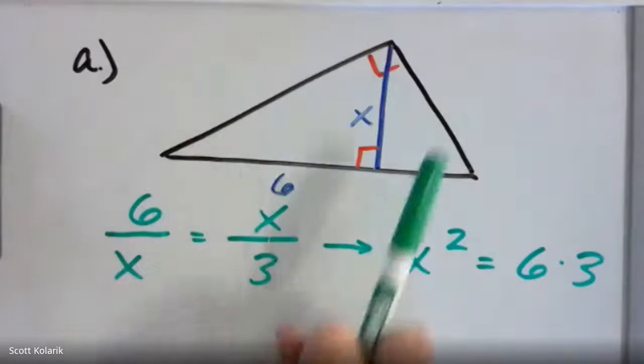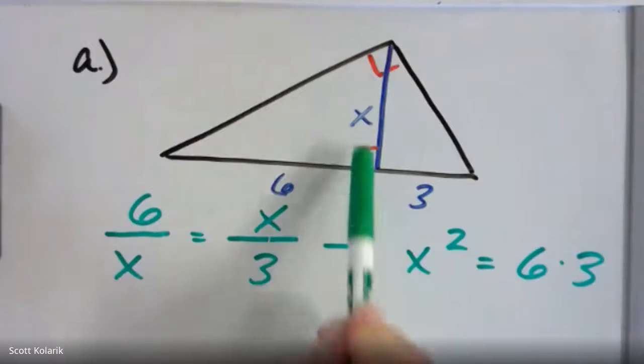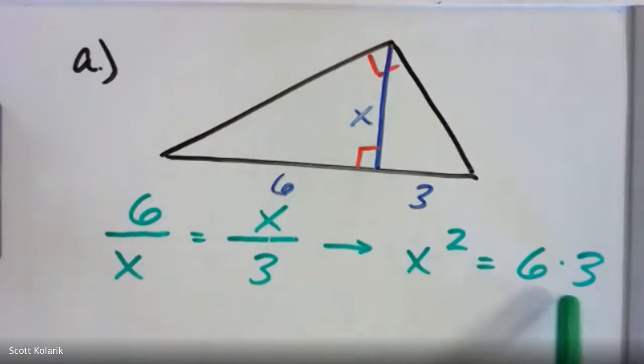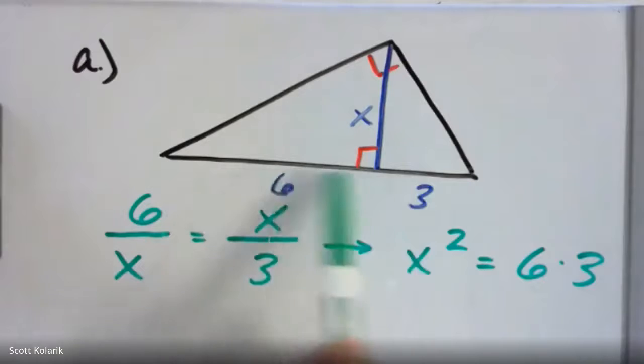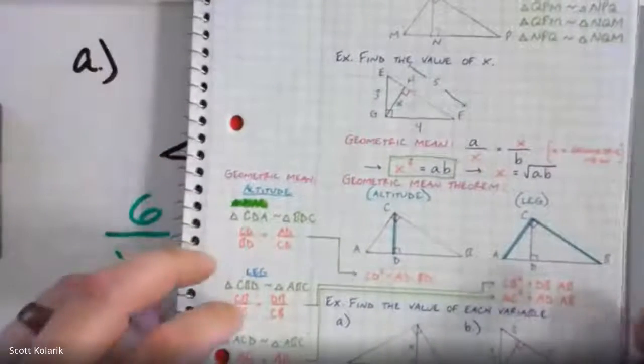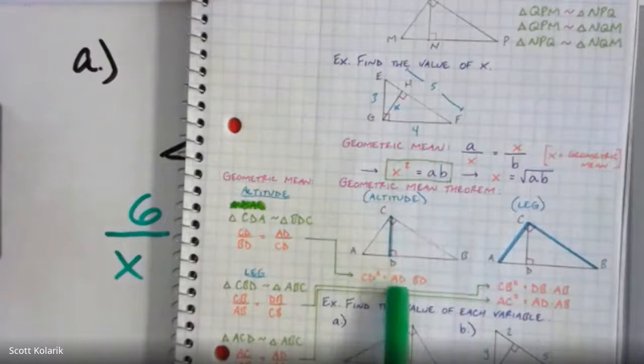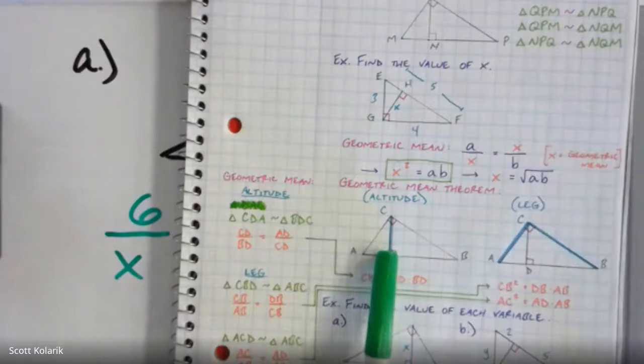So based on this diagram, I have the altitude squared equaling the product between the two pieces of the major hypotenuse. Okay, so let me just refer back to the notes to connect the dots back to what we just did. What we are literally dealing with here is this scenario, where we're being asked to solve for the missing piece being the altitude in our diagram.